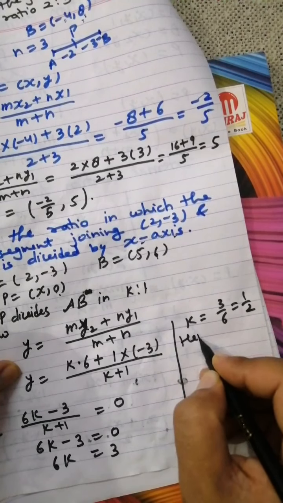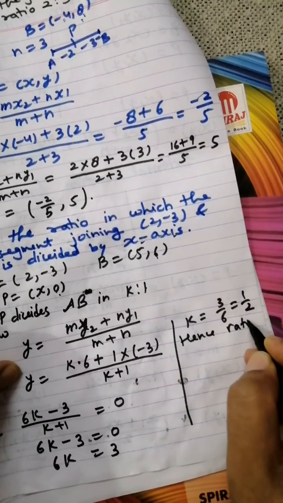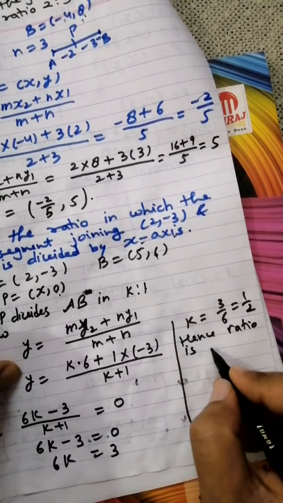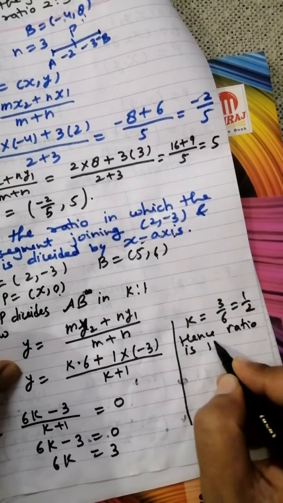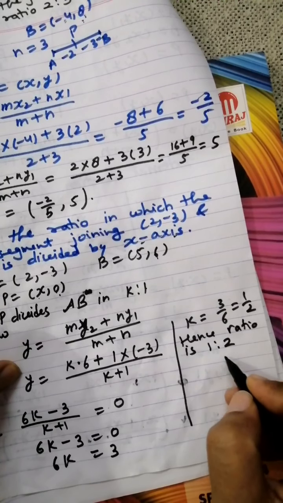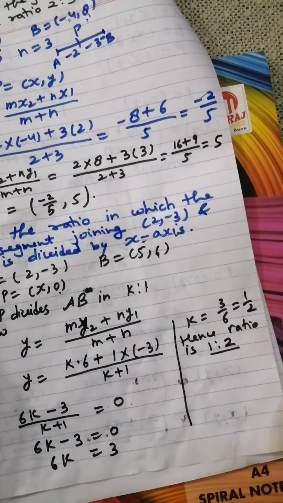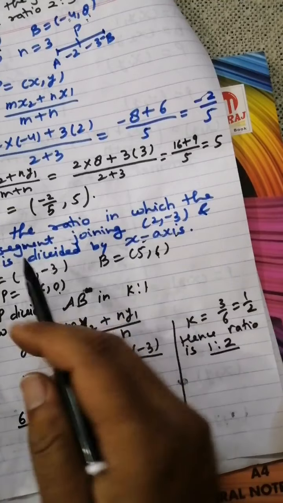Hence the ratio is k:1, it means 1:2. So by this way you can find the ratio. Now suppose you have to find x also, though it is given that you have to find only the ratio.